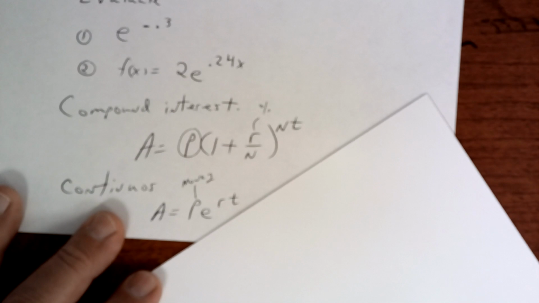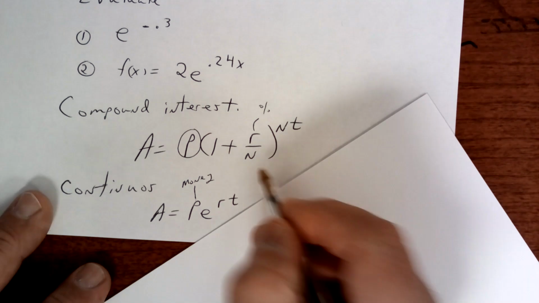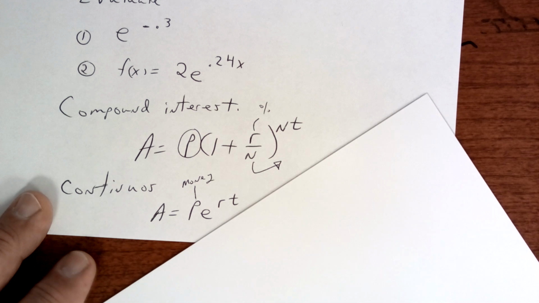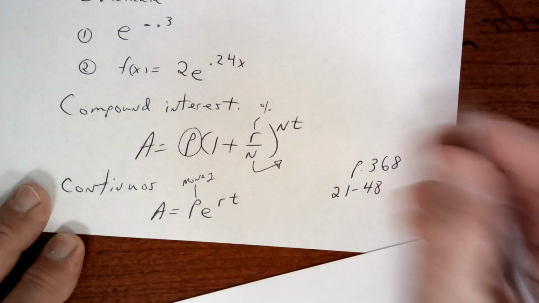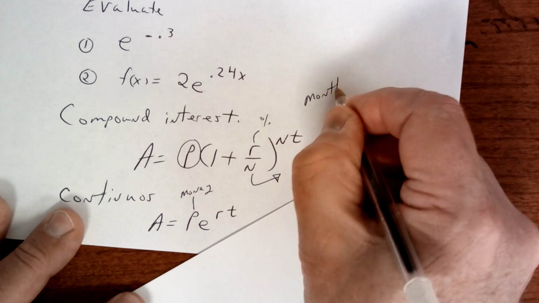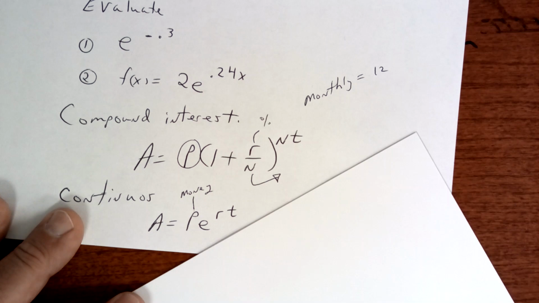And n represents how many times it's compounded. Okay, let me try to get this in focus. Okay, so n represents how many times it's compounded. So if it's monthly, that would be 12 times a year, every month.